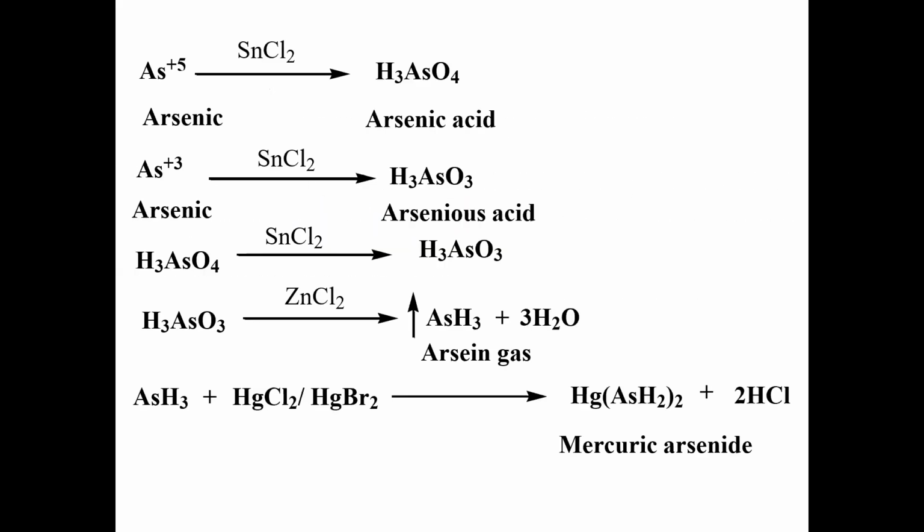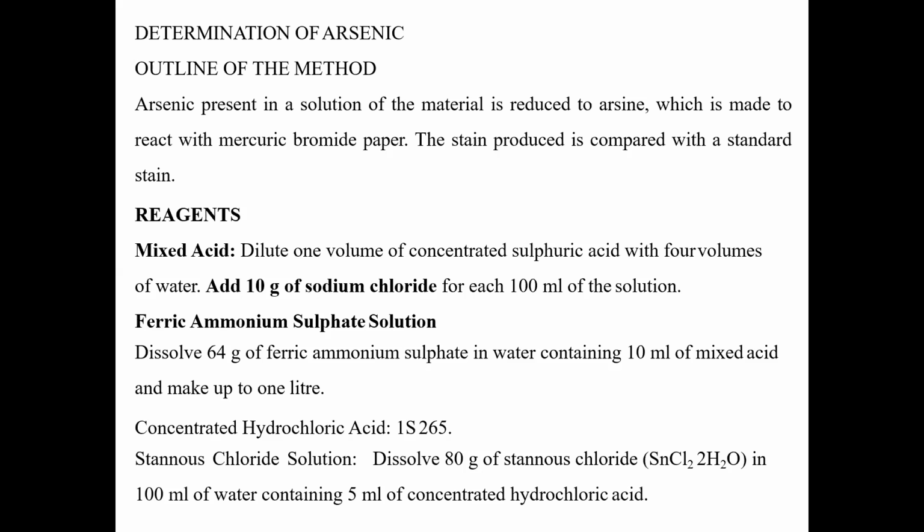In the same way, for determination of arsenic, we can use mercuric bromide paper, which will stain yellow in color, and thereby we can compare. Arsenic present in the solution of the material is reduced to arsine, which is made to react with mercuric bromide paper. The stain produced is compared with the standard stain.